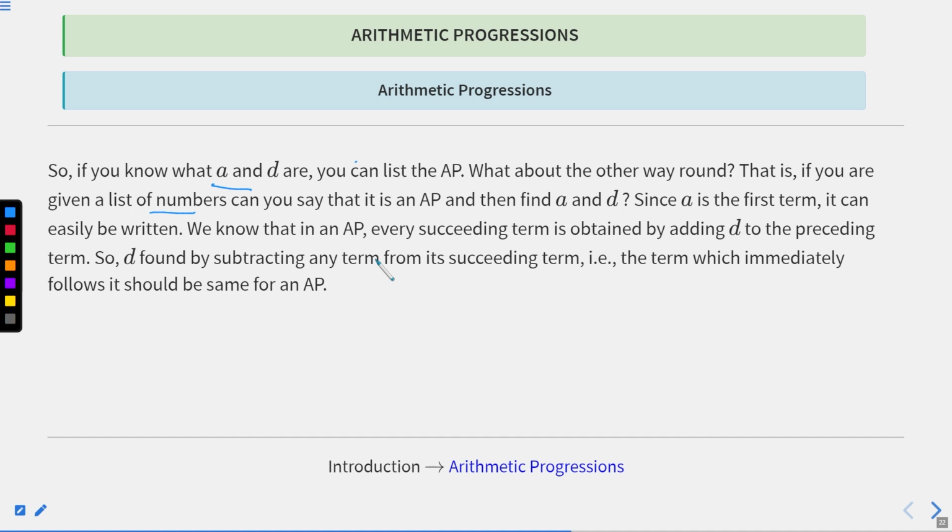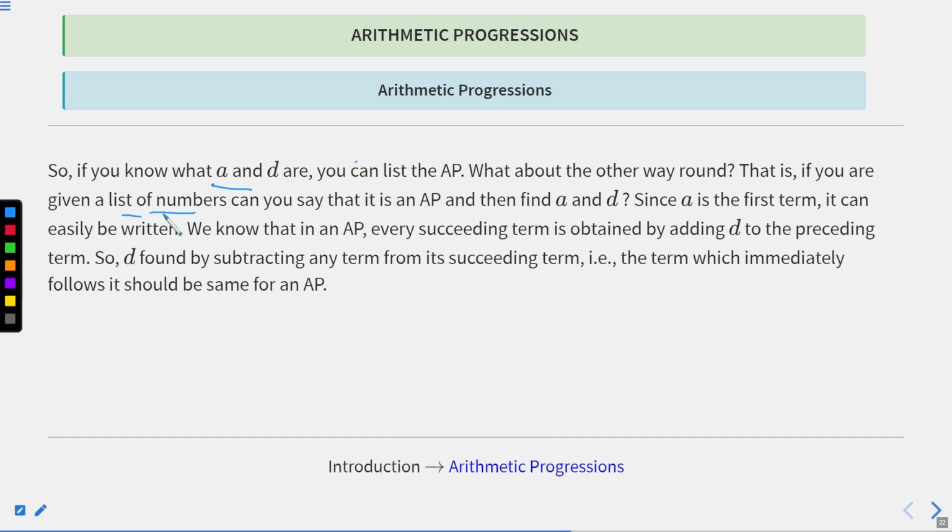But now the converse question: if you are given a list of numbers, you have to check whether it is an AP or not.